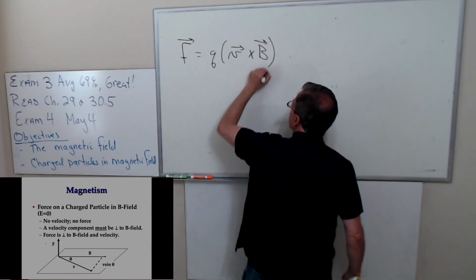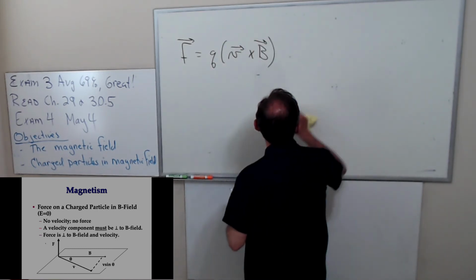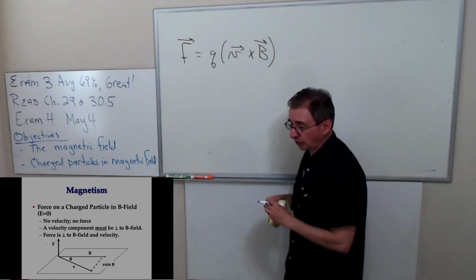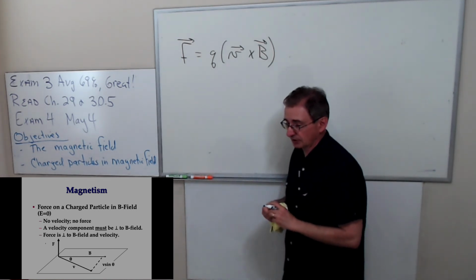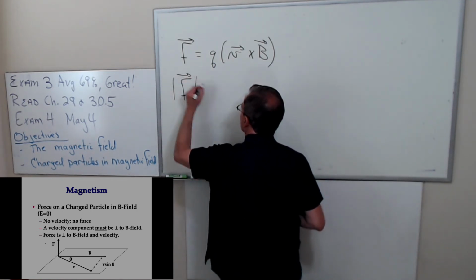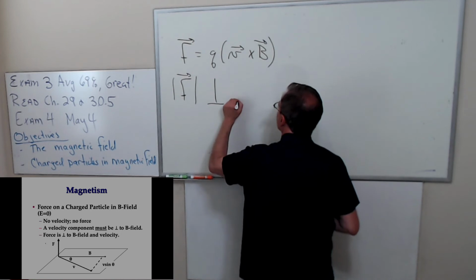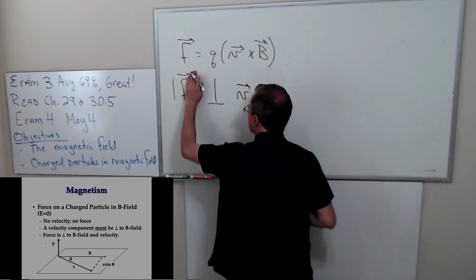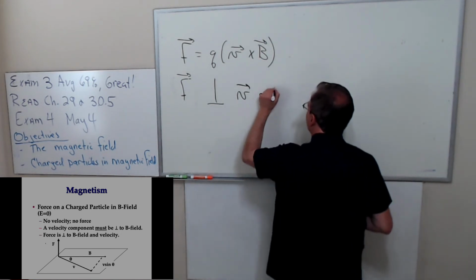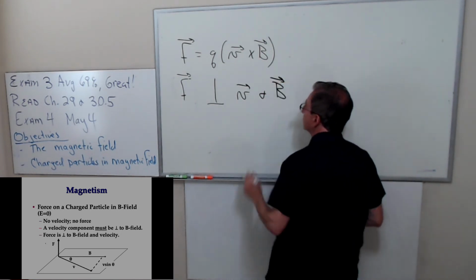So we determine this by experiment. By experiment, we can obtain that the force is given by this expression. So the force is perpendicular to both v and B. B stands for the magnetic field.